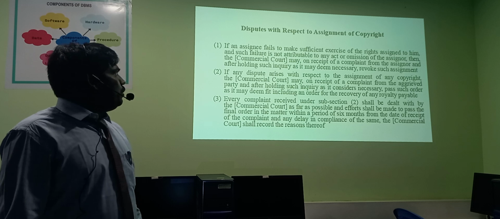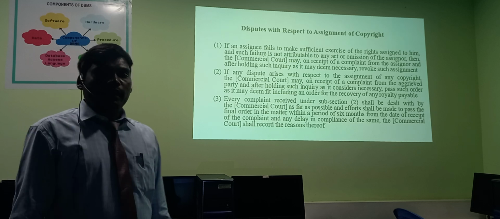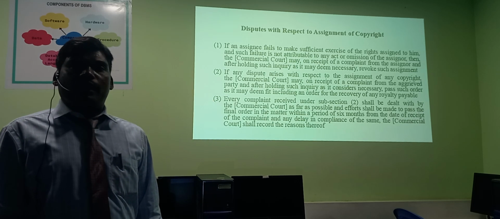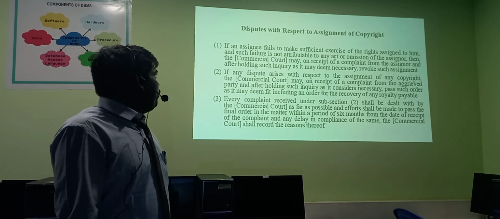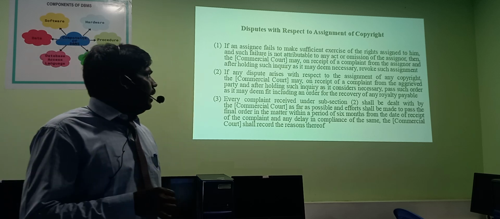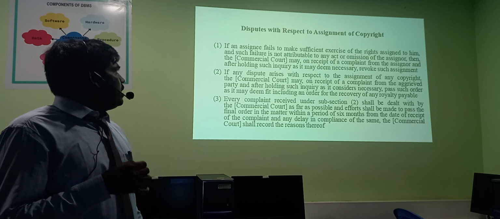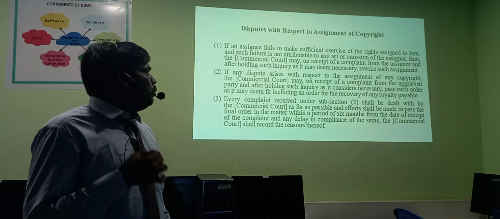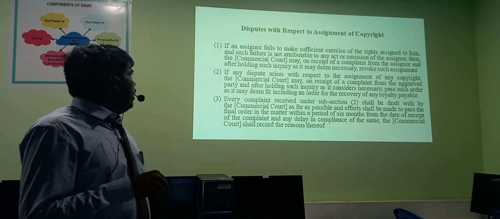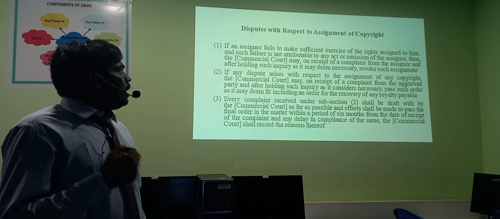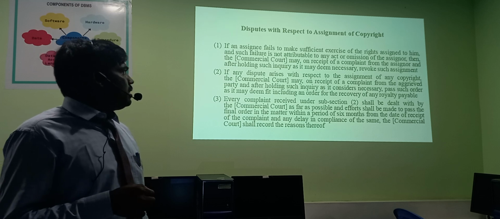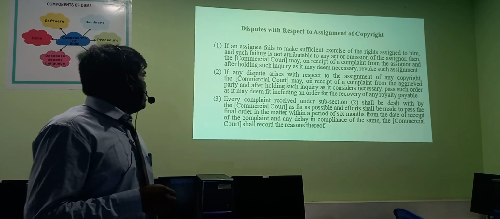Next one, disputes with respect to assignment of copyright. Sometimes under the Copyright Act there are some disputes. If an assignee fails to make sufficient exercise of the right assigned to him, and such failure is not attributable to any act or omission of the assignor, then the Copyright Board may receive a complaint from the assignor and, after holding such inquiry as it may deem necessary, revoke such assignment.